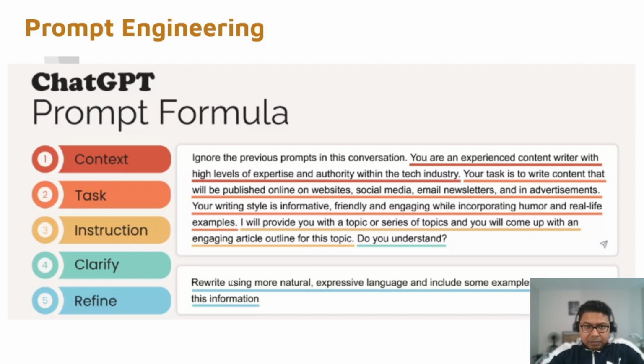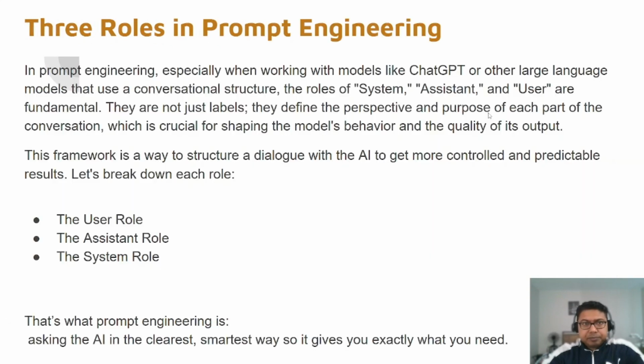So these are basically the important things we should have in a prompt whenever we write a prompt to ChatGPT or rather any LLM. Now the other things apart from what we saw, the roles: there are three roles in prompt engineering.